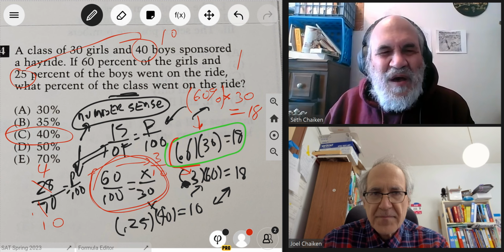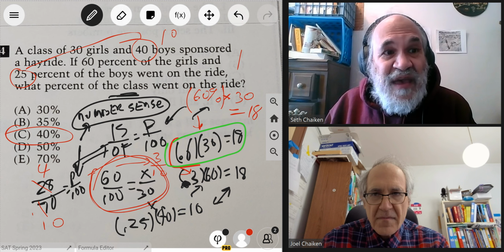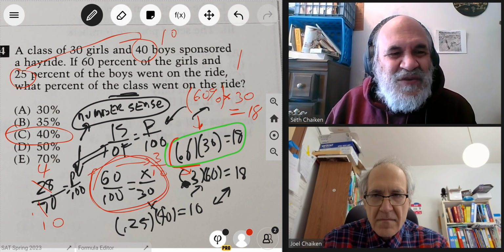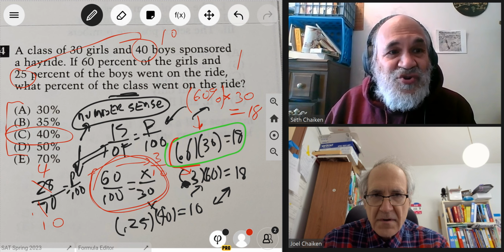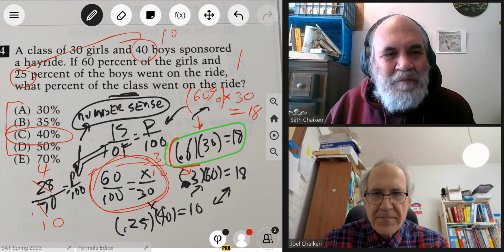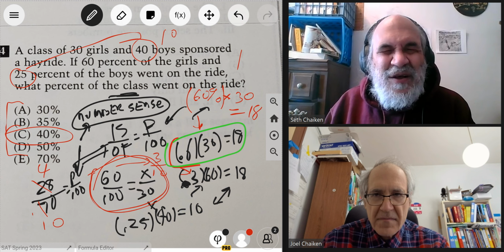So the answer is somewhere strictly between 25 and 60. Then I looked at the choices, and they gave one choice that's out of the ballpark, 70%, impossible. But they gave 5 choices that are pretty close together.